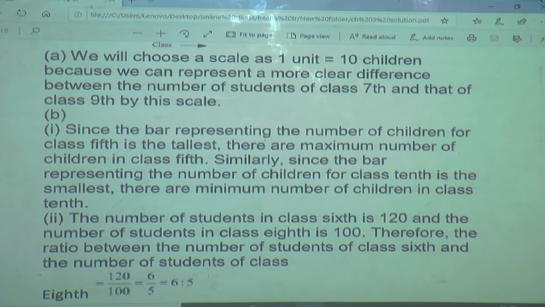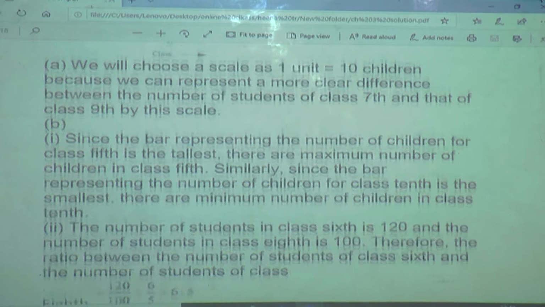Since the bar representing the number of children for class 5th is the tallest, there is a maximum number of children in class 5th. Similarly, since the bar representing the number of children for class 10th is the smallest, there is a minimum number of children in class 10th.